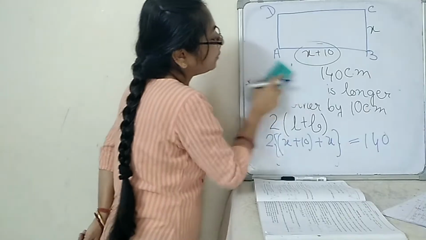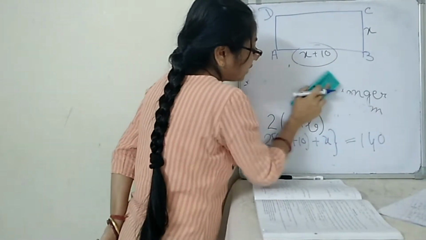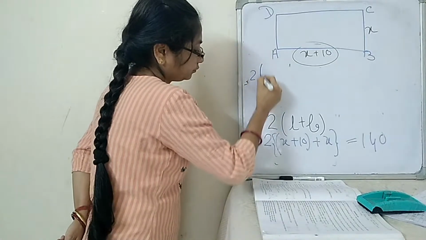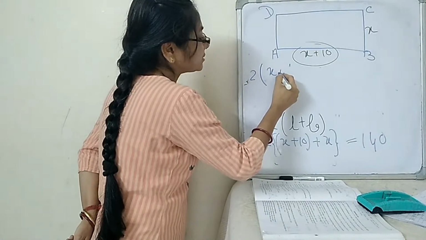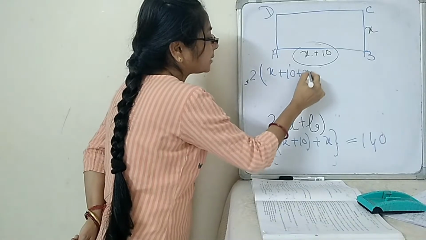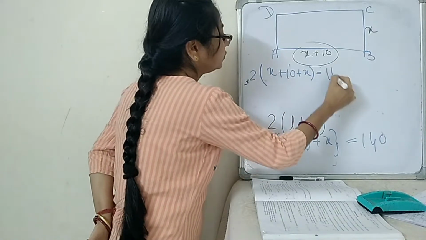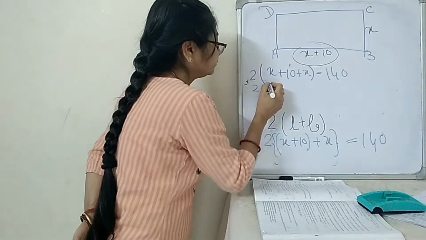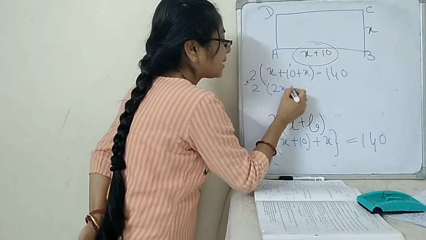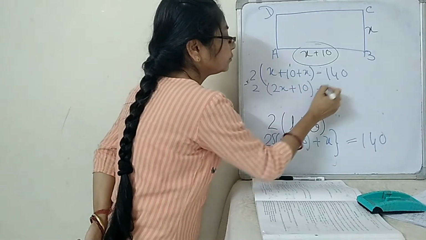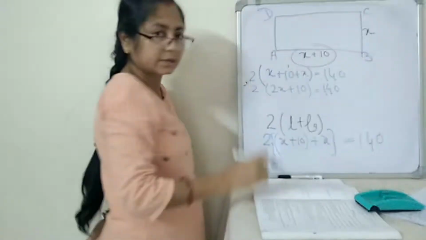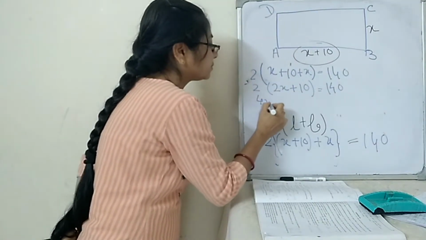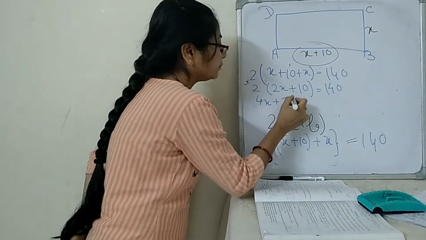I remove the bracket: 2(x plus 10 plus x) equal to 140. x plus x, 2x. 2x plus 10, 140. Clear? Now I multiply it: 4x plus 20.